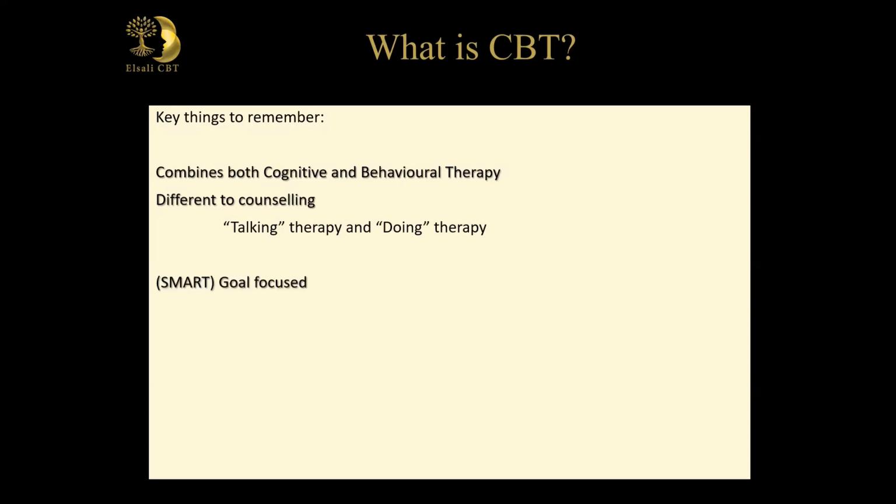So, in terms of goal setting in CBT, typically at the start of treatment, you'll set some goals with your therapist, and those goals would be SMART goals. So, they'll be specific, measurable, achievable, realistic, and time specific.